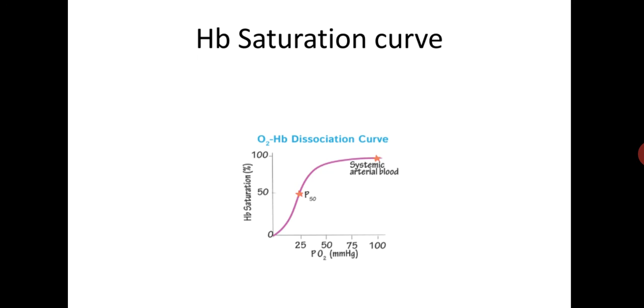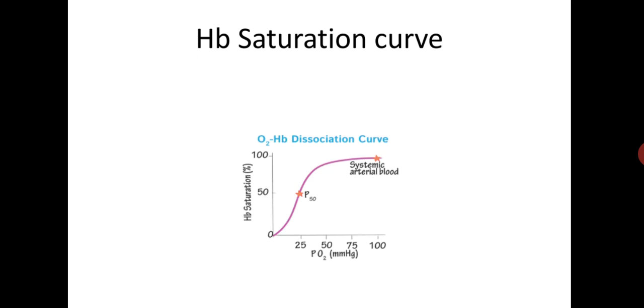When half of the sites are filled with oxygen, the blood is considered to be 50% saturated. When it is fully saturated, it is called 100% saturation. And this can be shown with the graph as it is shown here.